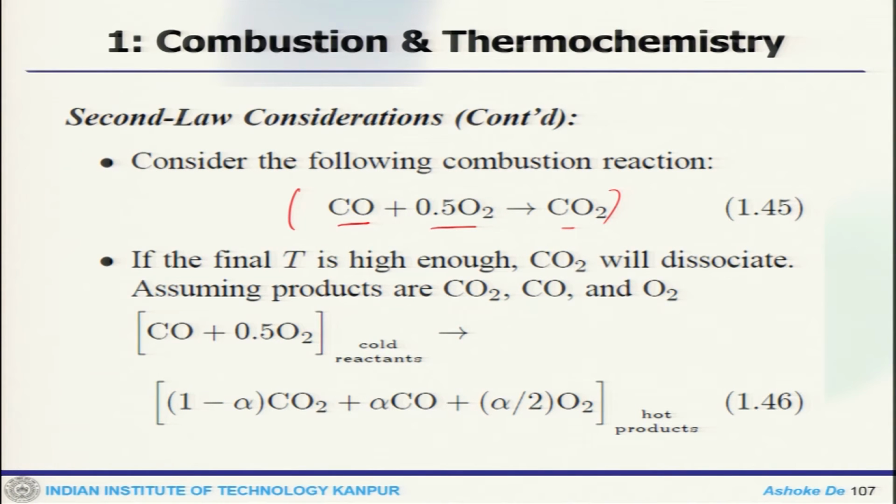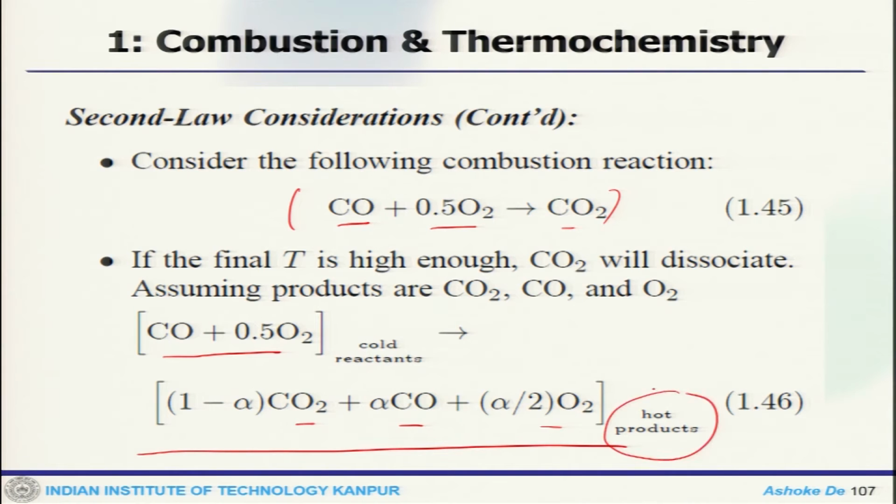Assuming CO and O2 can form CO2, at the same time if the temperature is high, the CO2 itself dissociates to form CO and O2. So, everything could be part of your combustion product or hot product, and that is why we use a factor, saying that this much dissociation will take place.